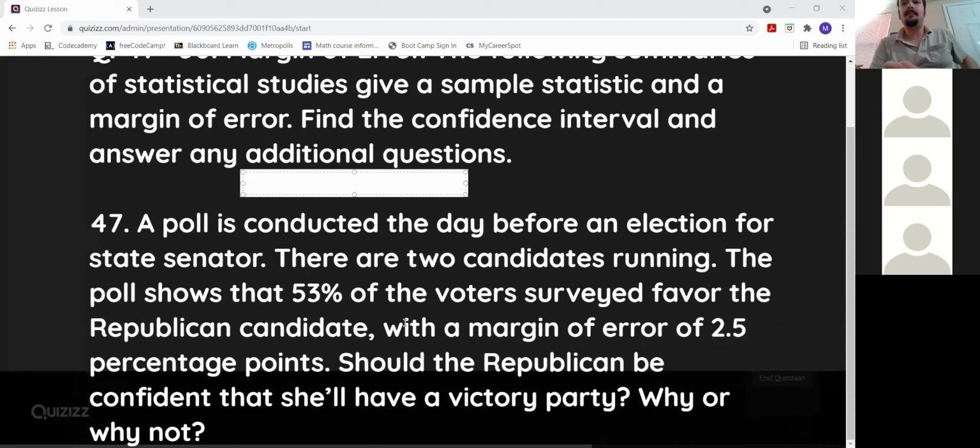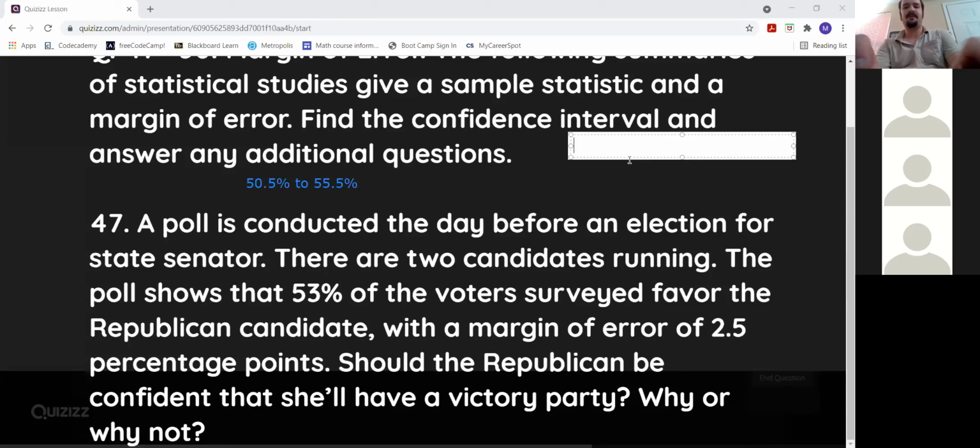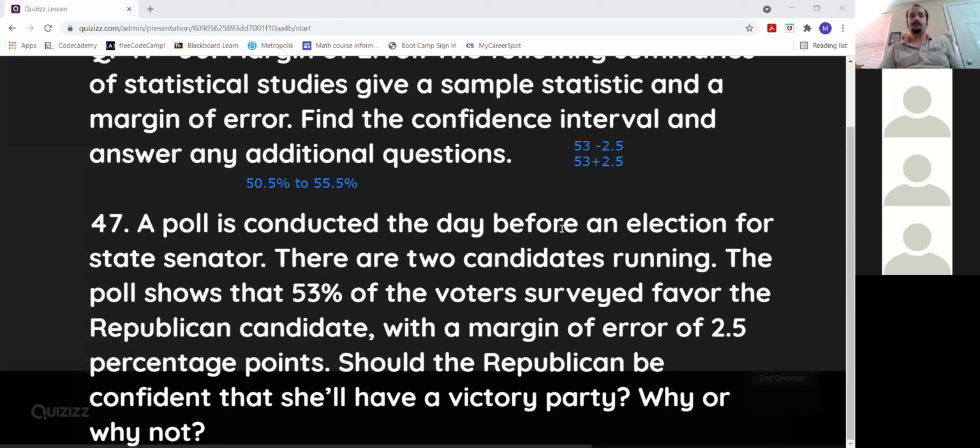We're going each direction of that. So we do 53 minus 2.5, right? And we do 53 plus 2.5. That gives us 50.5% to 55.5%.